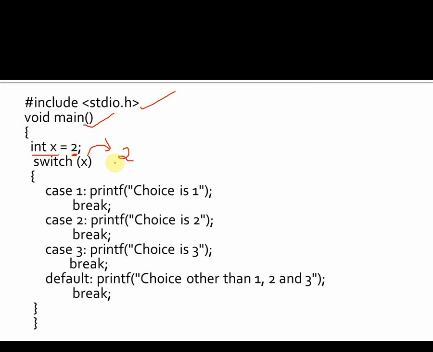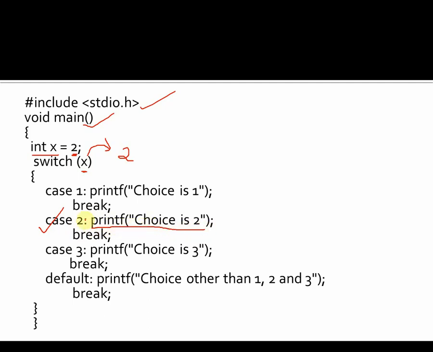So depending on this value passed to the switch statement, you have to decide which case to be executed. Now there is case 1, case 2, case 3, and a default case. Depending on the x value, case 2 will be executed because the x value matches this case 2 value. What exactly is there in case 2 is this printf statement.